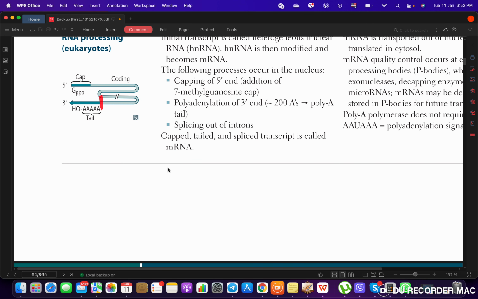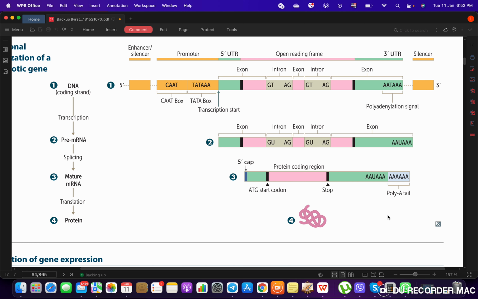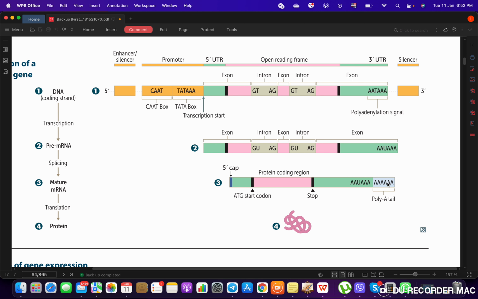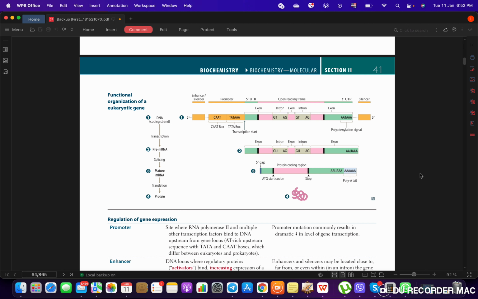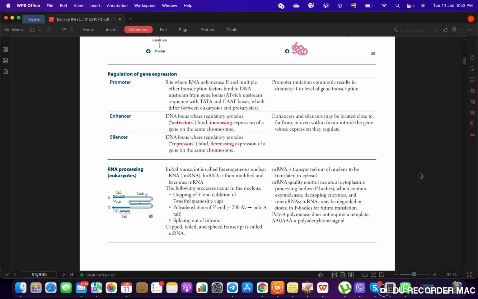How does it know that the tail should start here? Because it sees this sequence, the AAUAAA, which is seen here. So when it sees this sequence, the polymerase starts adding plenty of A's to the tail, which helps in the protection of the mRNA.